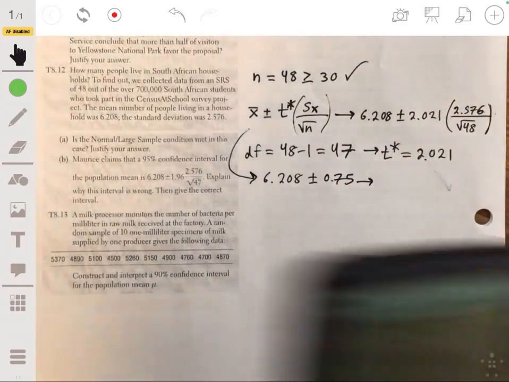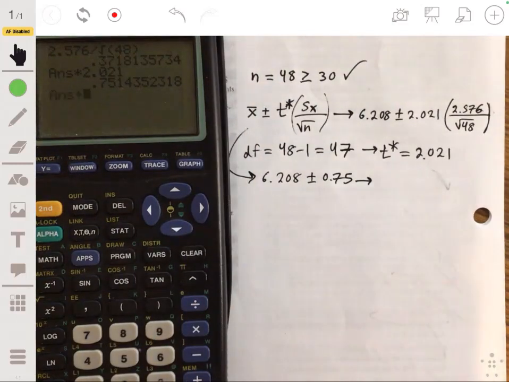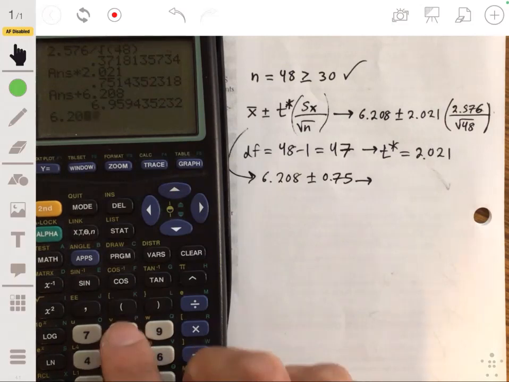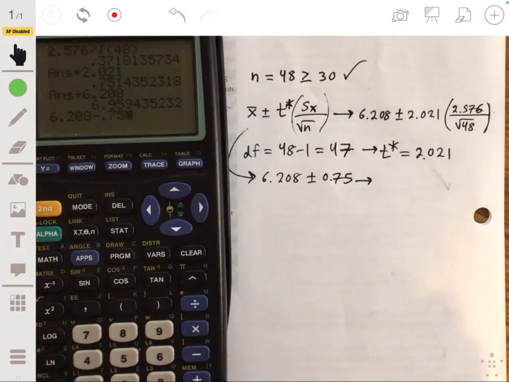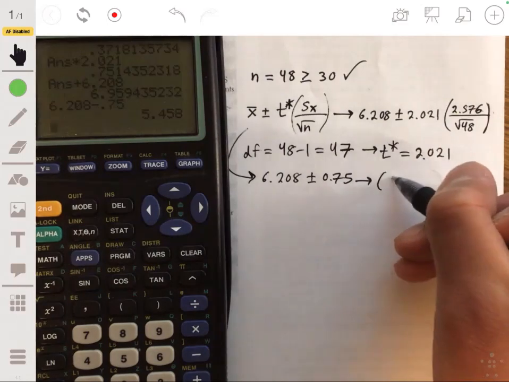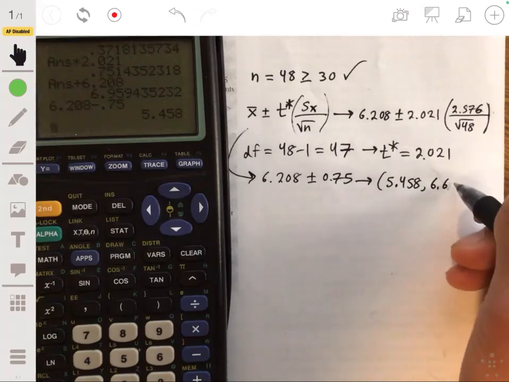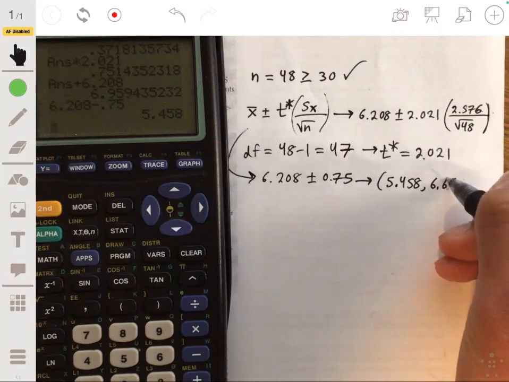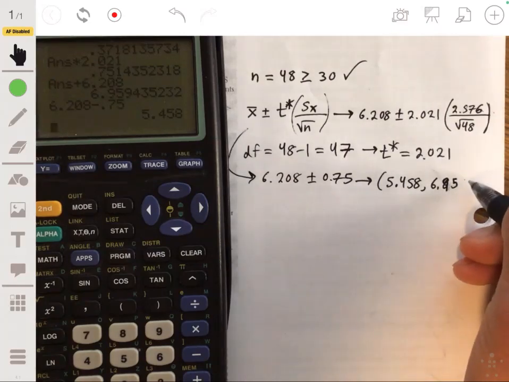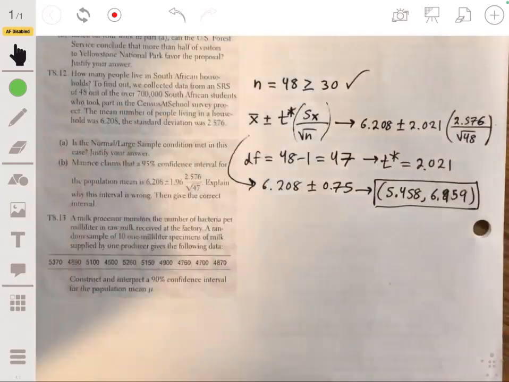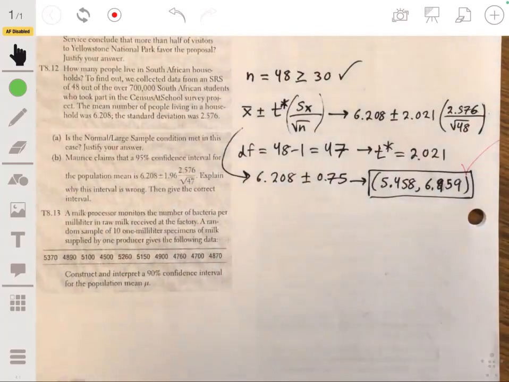And when we add and subtract that to 6.208, our upper bound would be about 6.959, and our lower bound would be about 5.458. All right, there you go. And there's your confidence interval.